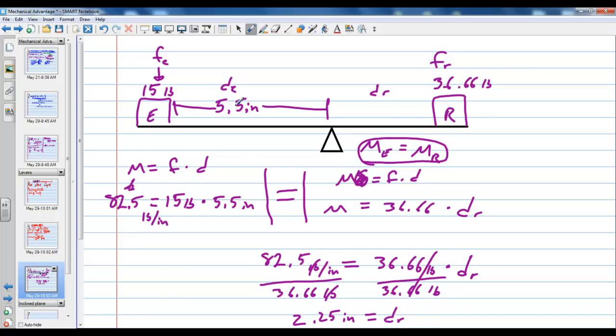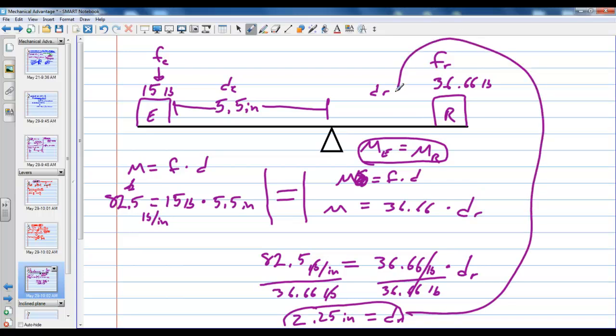So if this was 5.5 inches, we now have a number here, and we can plug it in right there for 2.25 inches. So there's how you would figure that out.